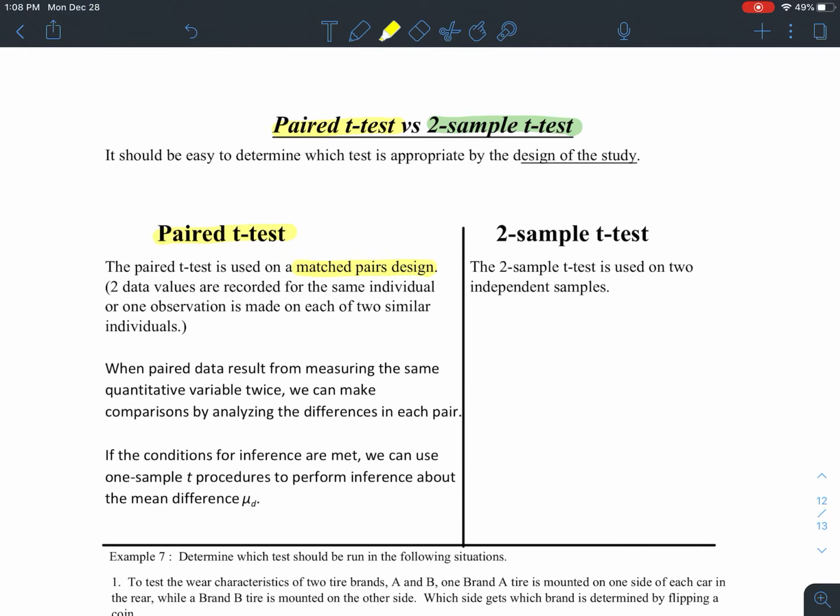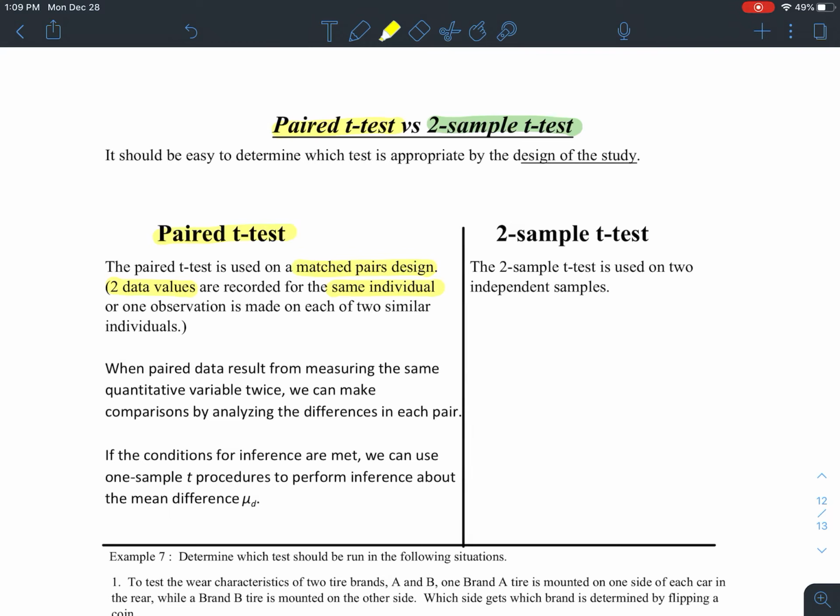This is really one sample where you're taking two data values and recording them from the same individual. Maybe you would record your resting heart rate and then your standing heart rate. You are an individual who has undergone both treatments. This is a matched pairs design, and it would fall under a paired t-test.